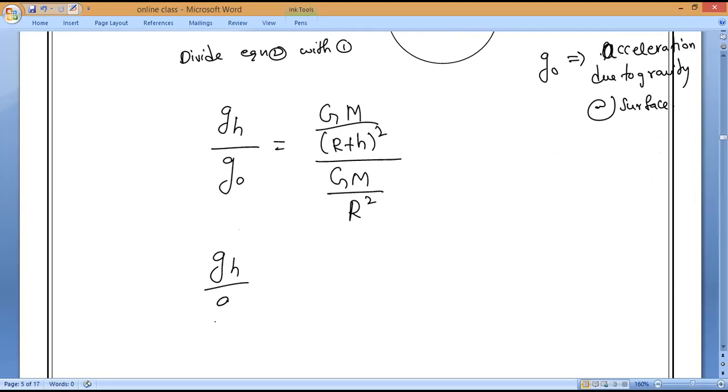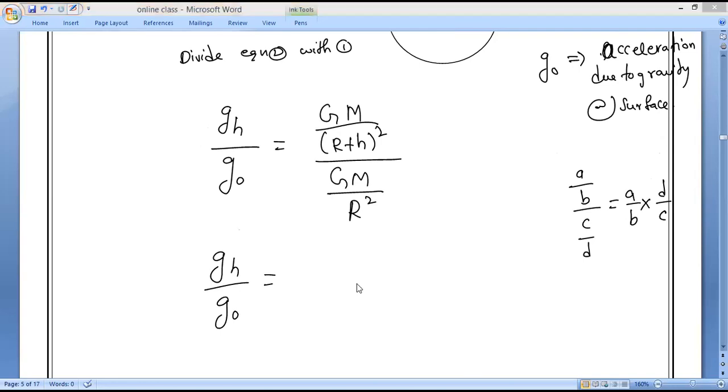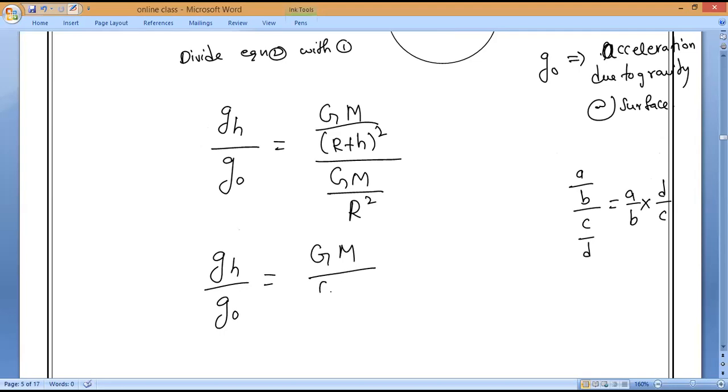g_h divided by g naught is equal to, like in mathematics, A by B divided by C by D, which is equal to A by B into D by C. Same way it will turn into G into capital M divided by R plus H whole square, into R square divided by GM.